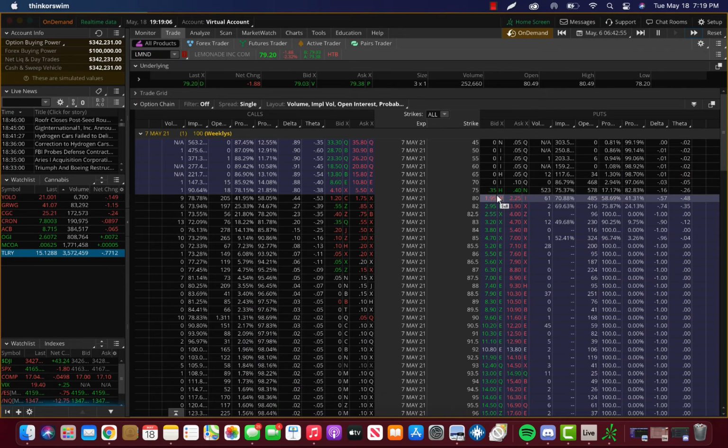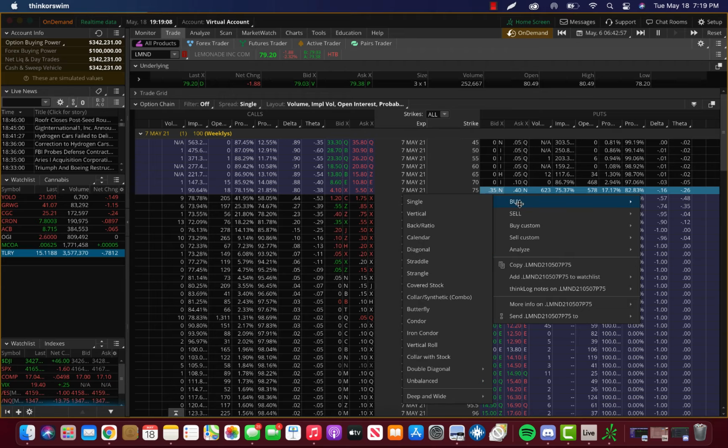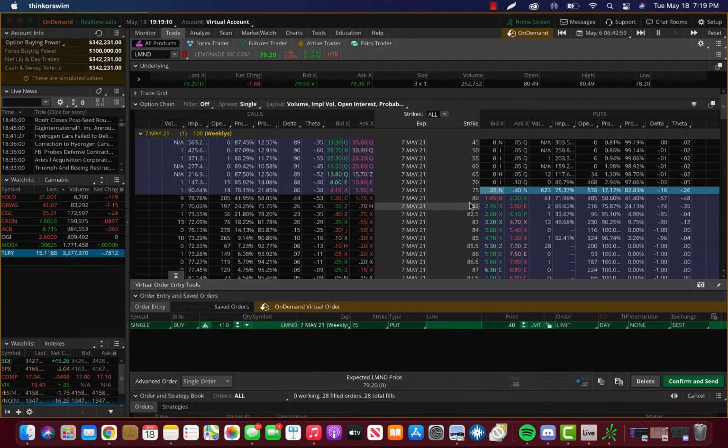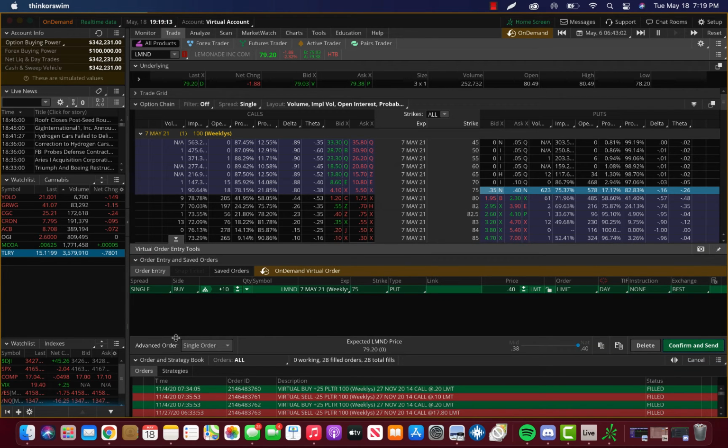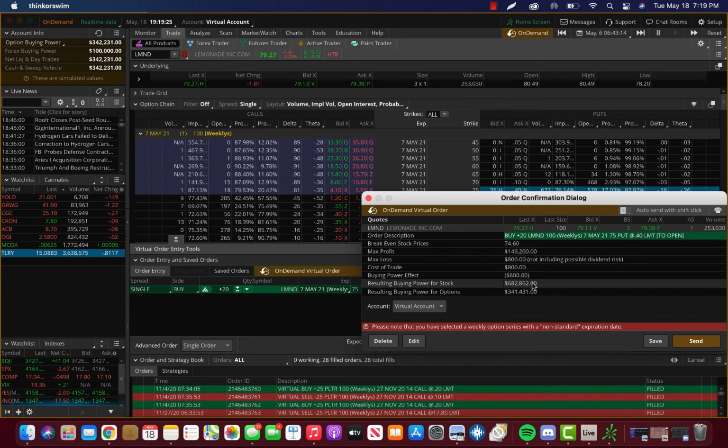So here we go, I'm going to place this trade. I want to buy a few of these. Let's just say I buy 20 contracts at 40 cents, or $40 per contract, so I'm paying $800 for this particular trade.